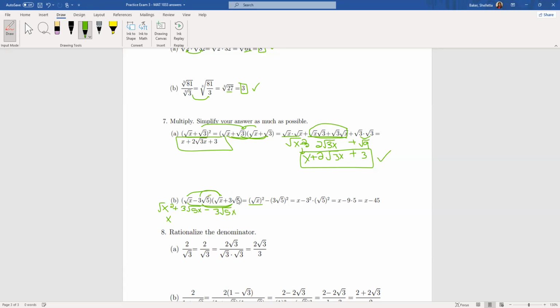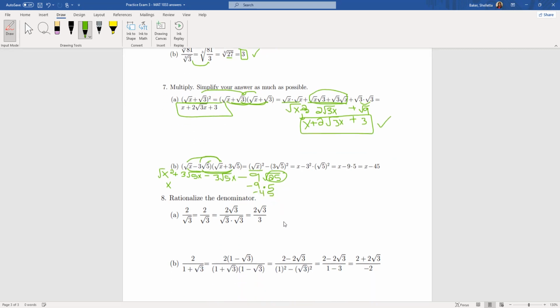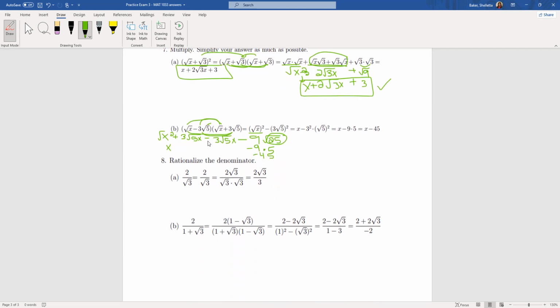And then the last terms, we see a minus 3 times 3, that'll be 9 times the square root of 5 and 5, that's the square root of 25. Now, this square root of 25 becomes 5. You multiply the 5 times that minus 9 in front. So that gives us negative 45 right here. And these two inner terms are going to cancel out.